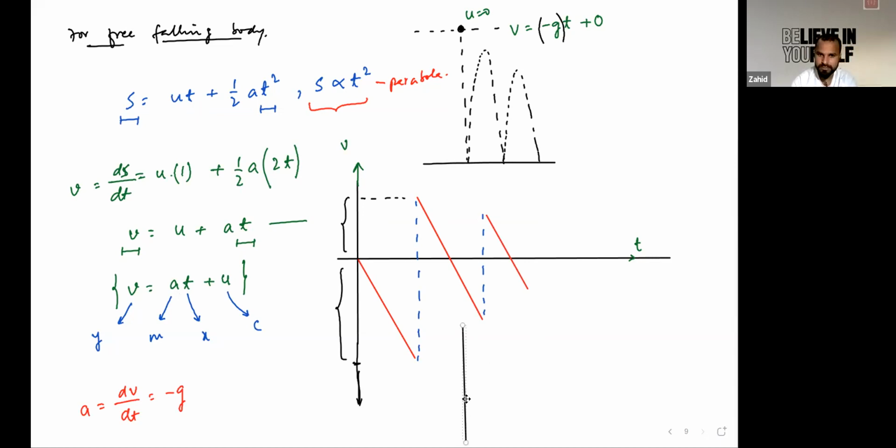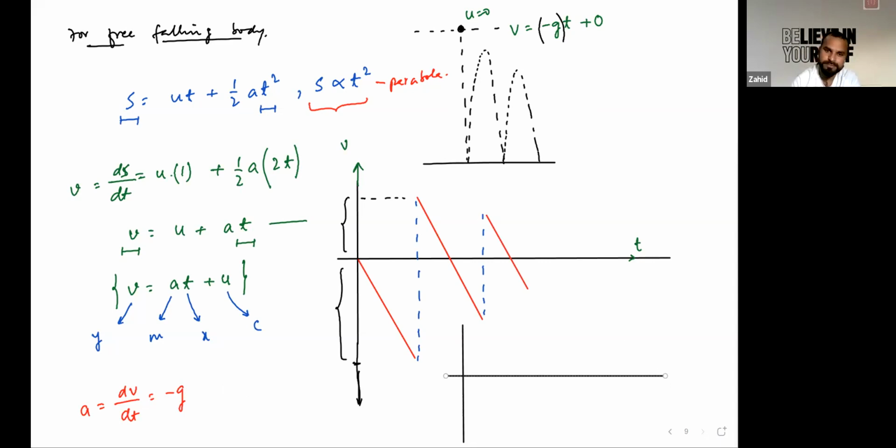It means the acceleration would change from time to time. It means at t equal to 1 second, it will be 10 meters per second squared or 9.8. At t equal to 2 seconds, it will be 19.6 or 20 meters per second squared, or it will remain the same. Acceleration due to gravity is always constant.